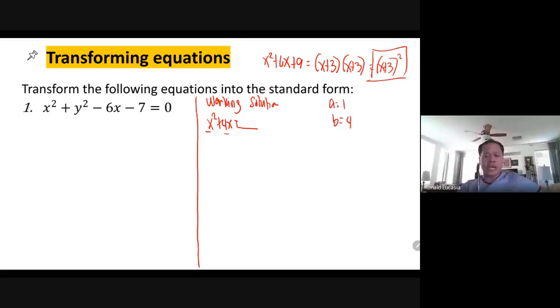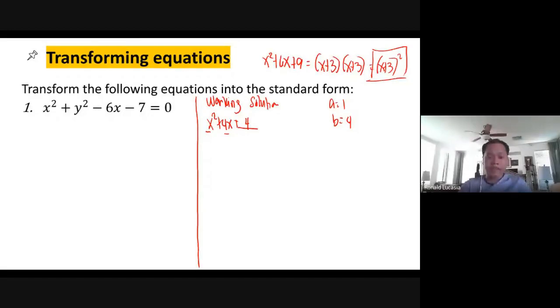When you say a, b, c, we are actually looking for the numerical coefficients of the terms of the expression. So x squared has a numerical coefficient of 1, 4x has a numerical coefficient of 4. Half of 4 is 2, then squared, this will be 4. That's how we make a trinomial into a perfect square trinomial.